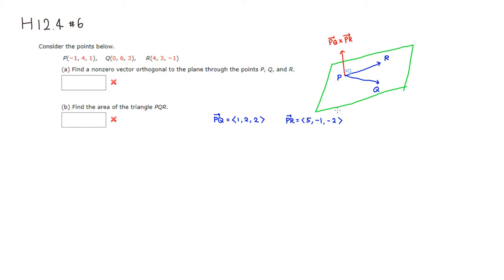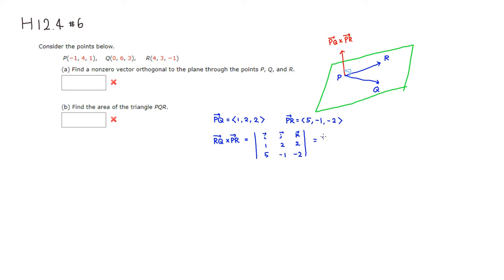All right, so let's take the cross product. We're going to have PQ cross vector PR. It's a determinant with i, j, k, then 1, 2, 2, and 5, negative 1, negative 2.